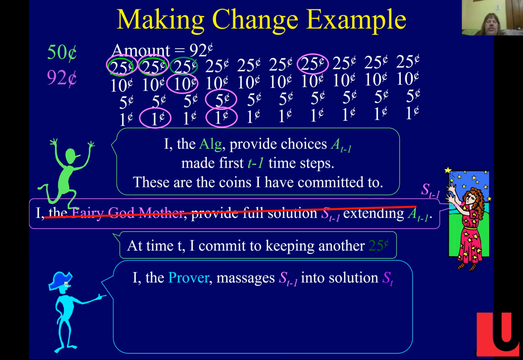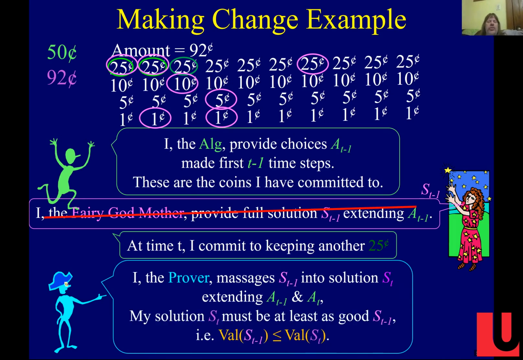The obvious change is simply for the fairy godmother to drop the extra quarter that she had and to take the quarter that the algorithm took. That's a really minimal change. And you can see that if what she had before was valid and optimal, then what she has now with that small change is going to be just as valid and just as optimal.